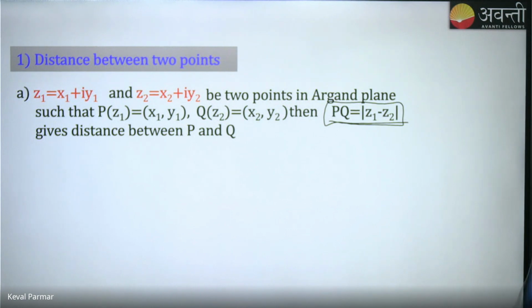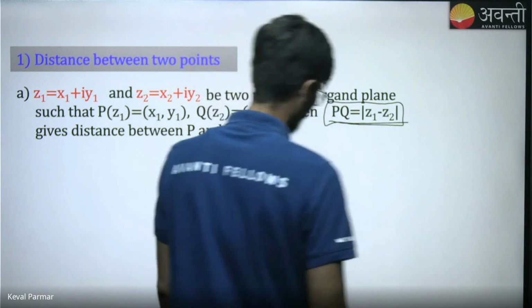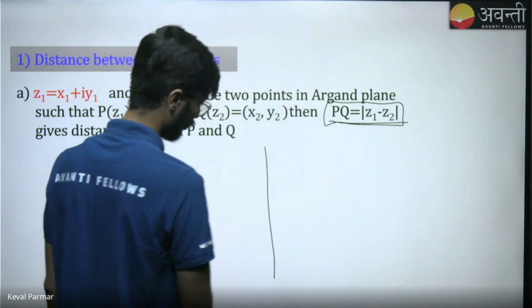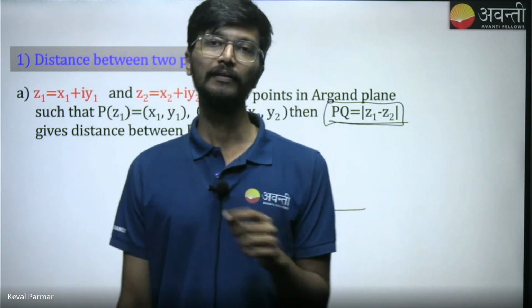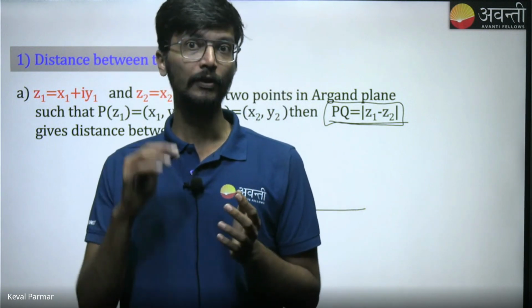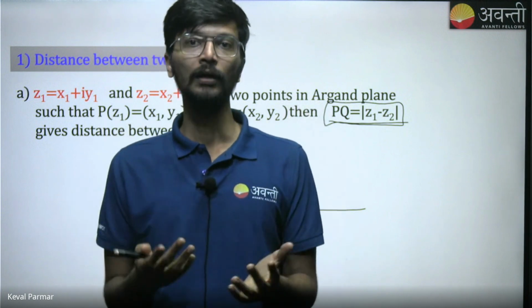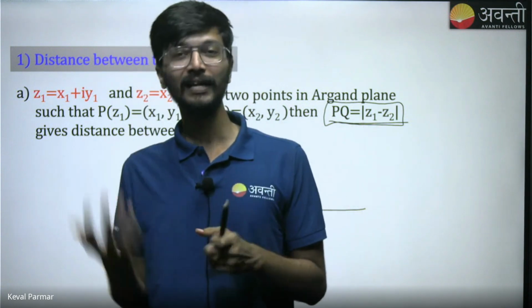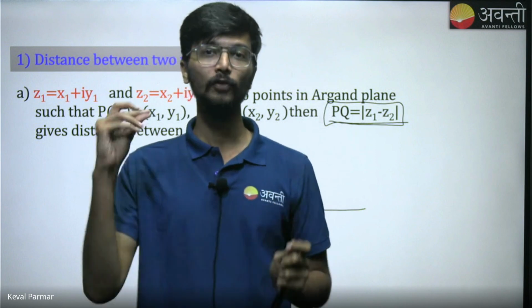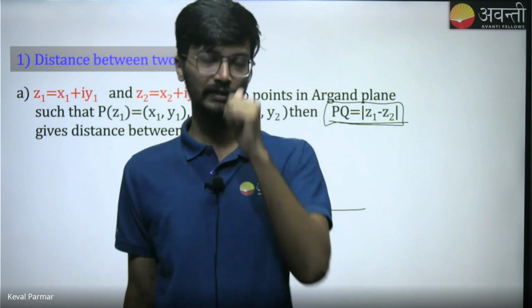Now it is pretty easy to understand if we understand it vectorially. We'll be doing this many times in complex numbers because it's very useful. If we consider complex numbers as vectors, you will not find this in any book, but I personally prefer to relate complex numbers and vectors, because many times two pages of solution can be solved in two to three lines if we connect complex numbers with vectors.